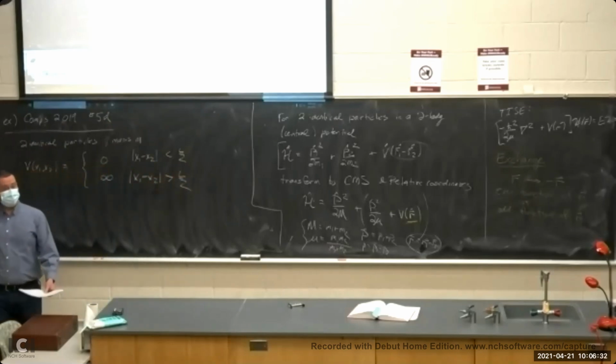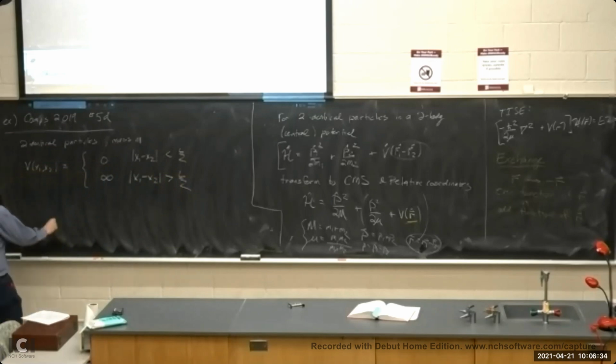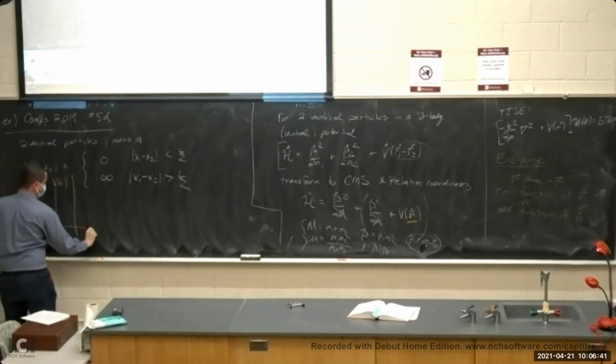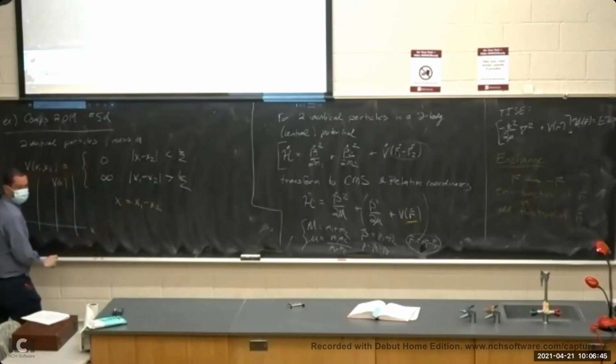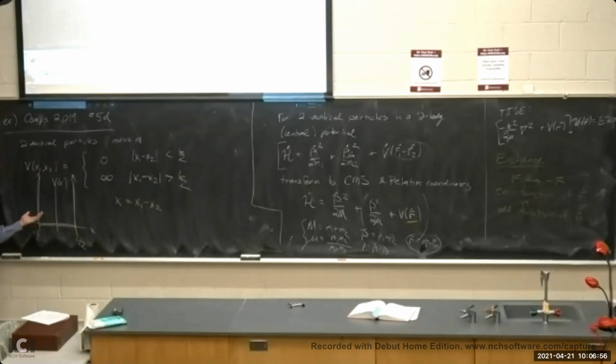This obviously looks a lot like the infinite square well. In terms of the relative coordinate x equal to x1 minus x2, at L over 2 and at minus L over 2 the potential jumps up to infinity. In between, it's 0. This is the familiar square well.